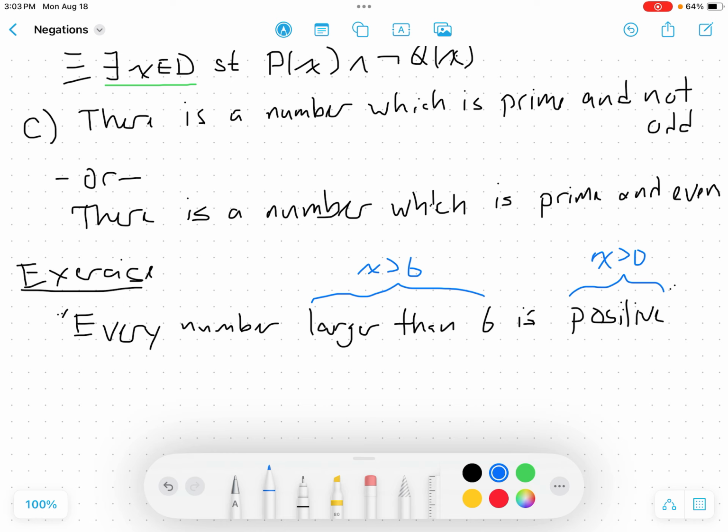That sounds pretty true, but we want to go through the process of negating it anyway, so A, I'd like you to translate this statement to logical notation.